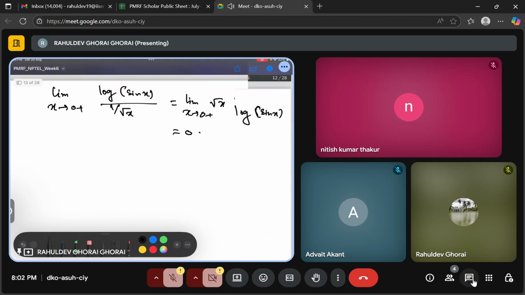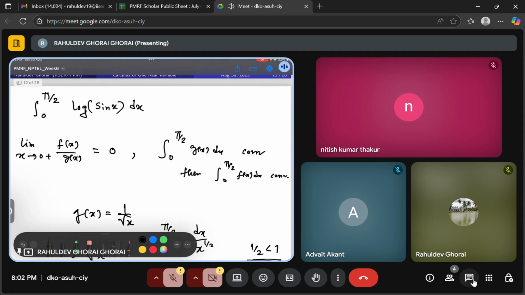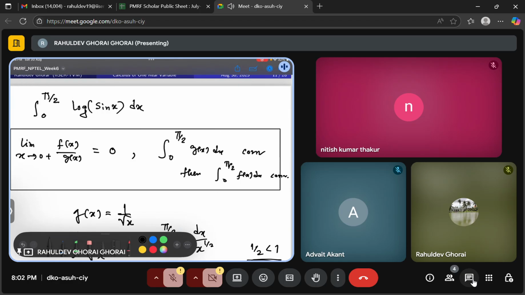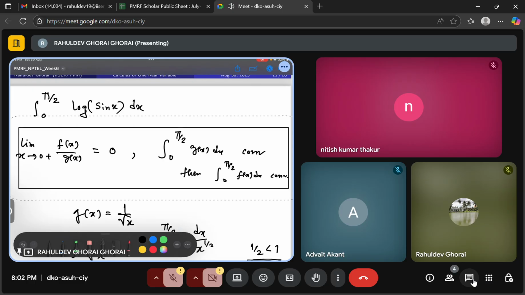So using the comparison principle, and that comparison principle is this one. It's a little different, but you can easily remember. If I show that the limit as x goes to 0 plus of f(x) over g(x) is some non-zero finite number, or even if it is 0, then all you can say is that if the integral of g is convergent, then the integral from 0 to pi by 2 of f(x) dx will be convergent.